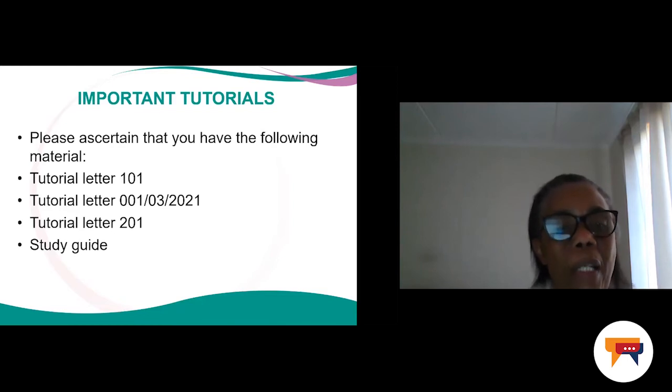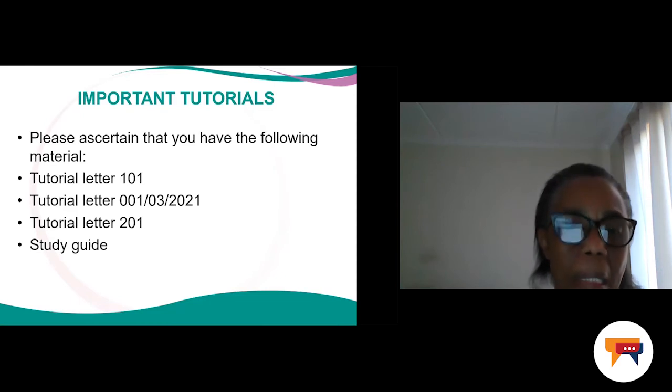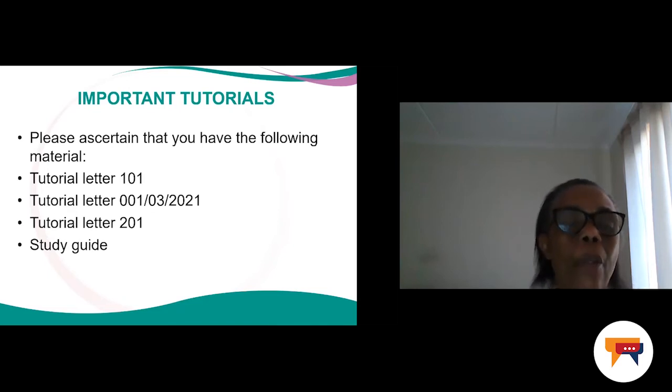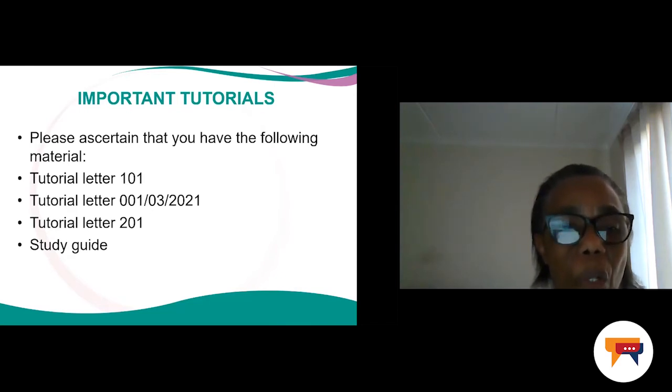So tutorial letter 001 contains that information, and please adhere to these dates. Towards the end of the year, just before the exam, you will receive tutorial letter 201. It will contain all your assignments with the answers, and also important information about the examination: what is going to be in the examination, what to expect, how to go about answering your questions, and so on.